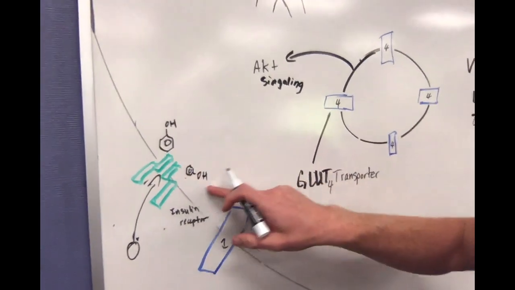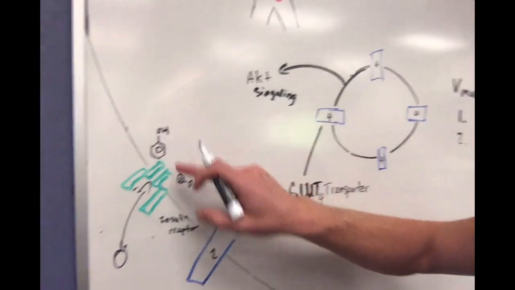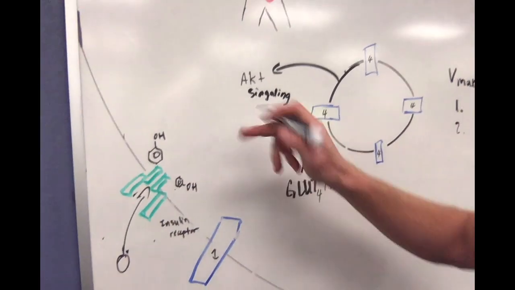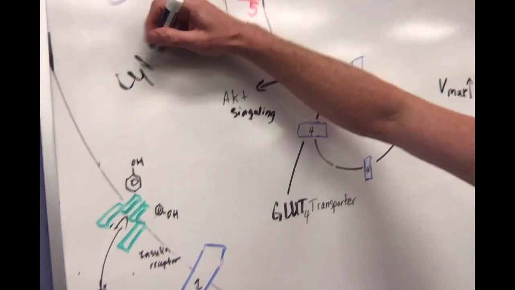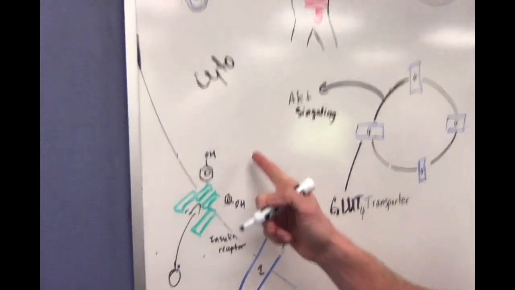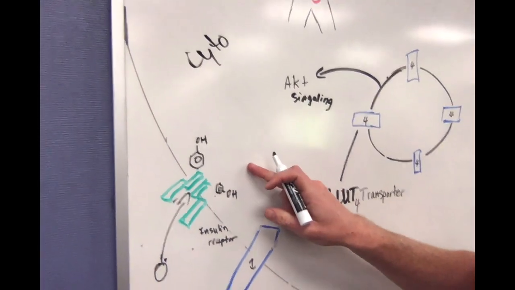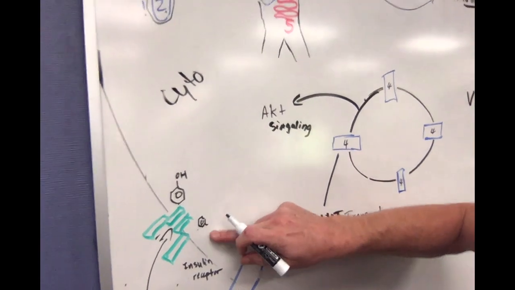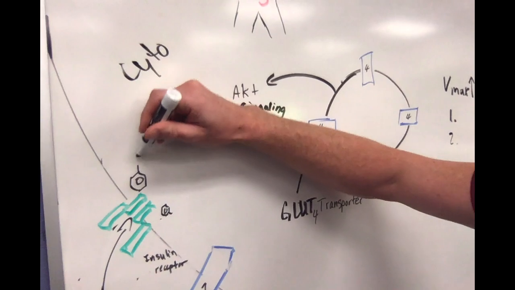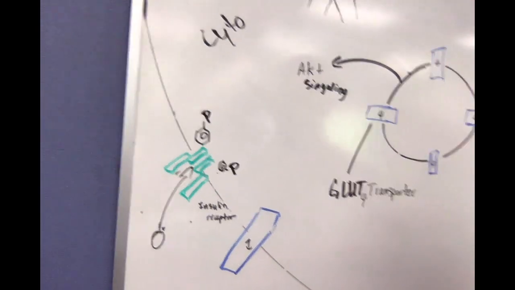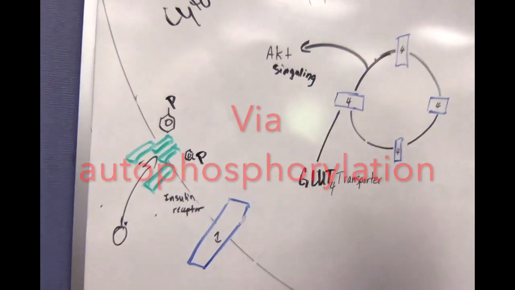We have tyrosine residues on this receptor inside the cell. So this is the cytoplasm. These guys are going to undergo autophosphorylation. So these OH groups on the tyrosines are just going to turn into phosphate groups. Okay? So the insulin receptor has been phosphorylated.